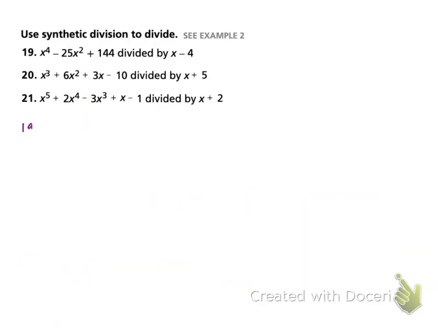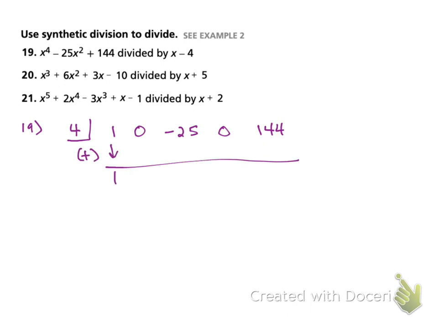19, I would set that up as 4, and then 1, gotta add in a 0 for the x squared, minus 25, 0 for the x, and 144. Always addition in synthetic, bring down the 1. 4 times 1 is 4. 0 plus 4 is 4. 4 times 4 is 16.